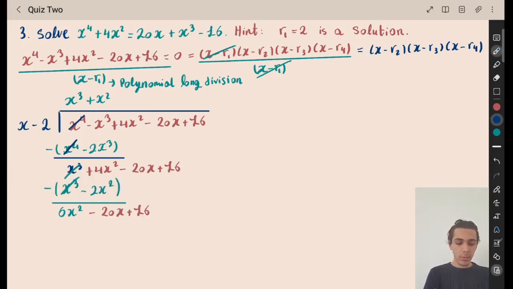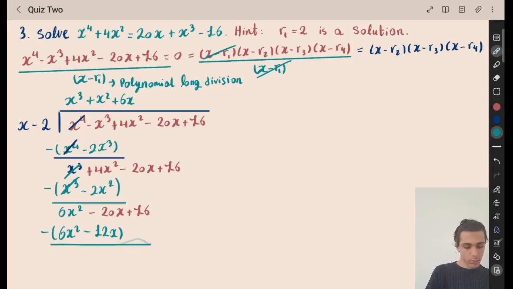Repeating this once again, we get plus 6x. And multiplying this by 2, I get minus 12x. We're almost there. Just need to do it one more time, I think.